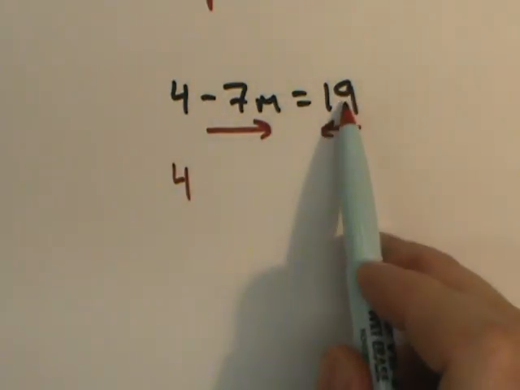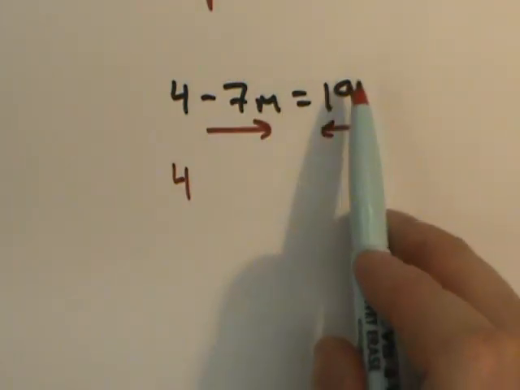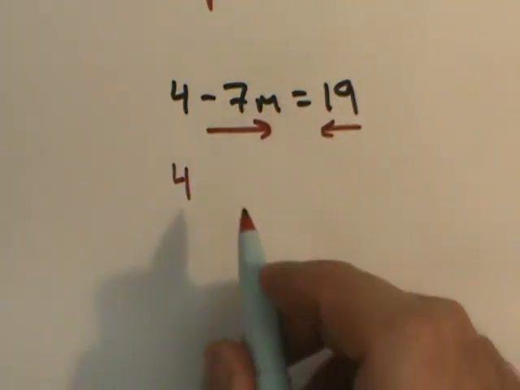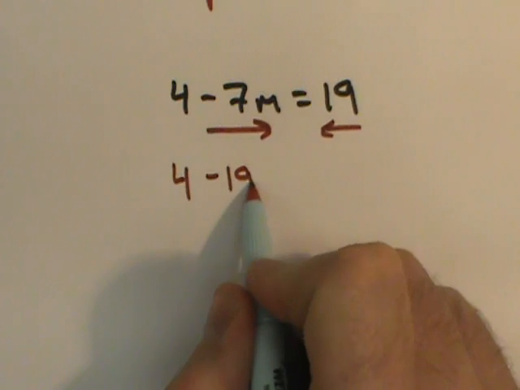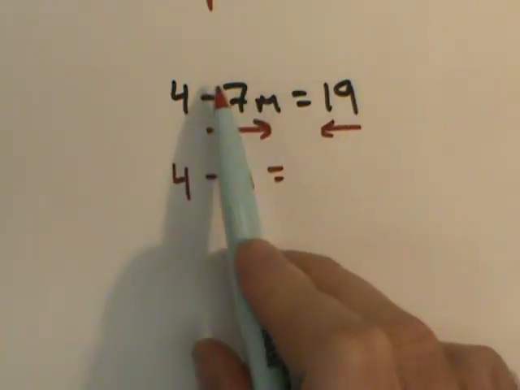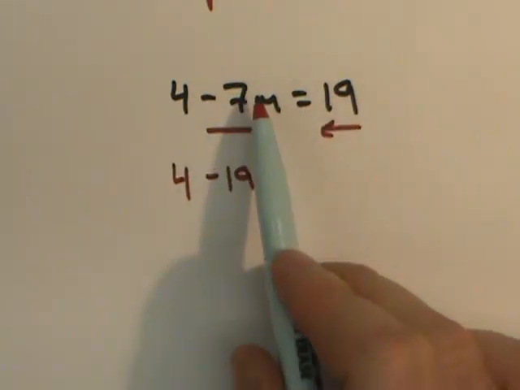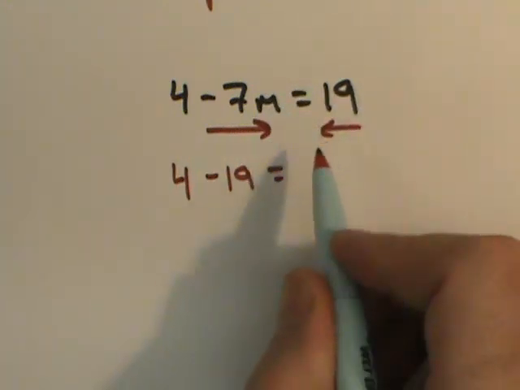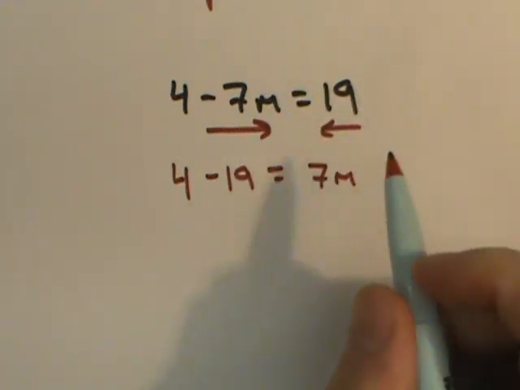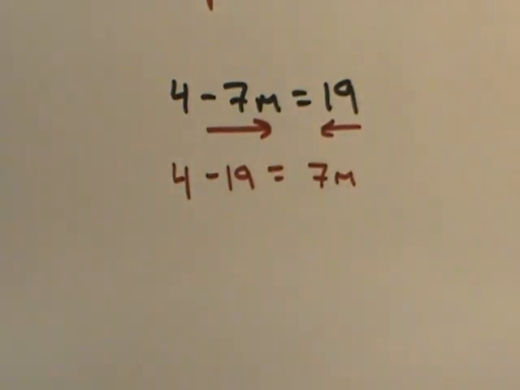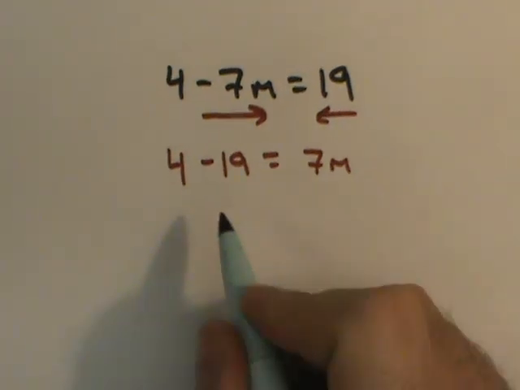I see that the 19 moves over to the left. Since it was positive here, it comes over as a negative 19. The negative 7m moves over to the right. Since it's negative here, it goes over as a positive 7m. I can simplify those constants. 4 take away 19 would be negative 15.